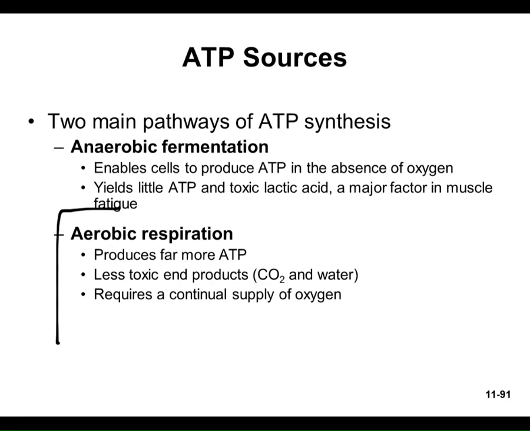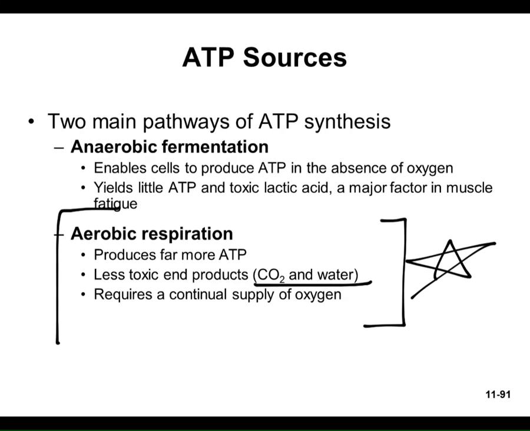We get a lot of ATP out of it, and we don't get as many toxic end products. So this is what we live in most of the time. We live in an aerobic respiration state. We're breathing oxygen. But I'm talking about the microscopic level of the cells and the tissues, because clearly we're all aerobic beings. We don't have a choice of living without oxygen.